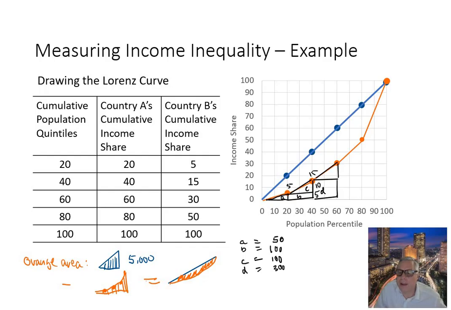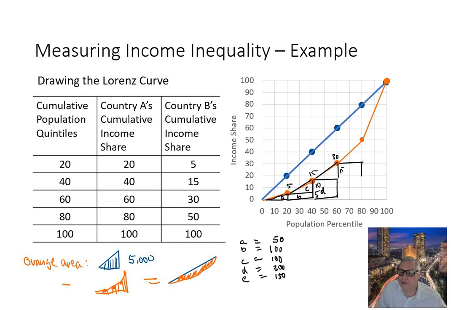And that triangle goes from 15 to 15, so that height is 15 times 20, that's 300, over 2, so that's 150.